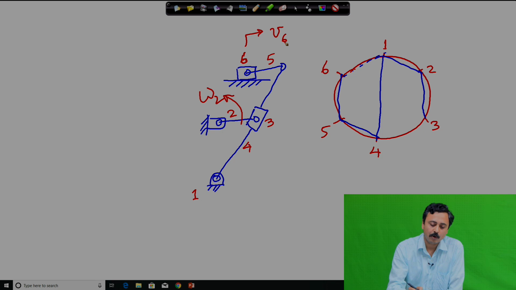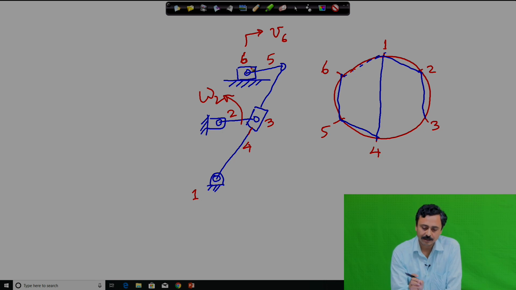You can go in by a standard way of finding out all ICs and trying to figure out, let us say, what will be omega 4, which is of this long oscillating link, and then solving for the 3R1P chain, which consists of this long oscillating link, this connecting link, and the slider.